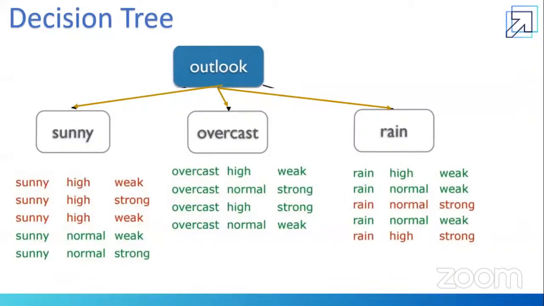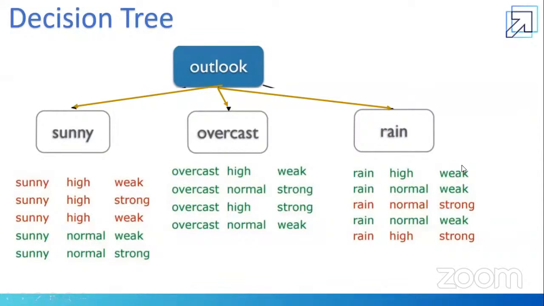And in the case of rain, if the outlook is rain, humidity is high, and wind is weak, child can go out. If it is raining, humidity is normal, wind is weak, child can go out. So humidity high or normal is not making any effect.